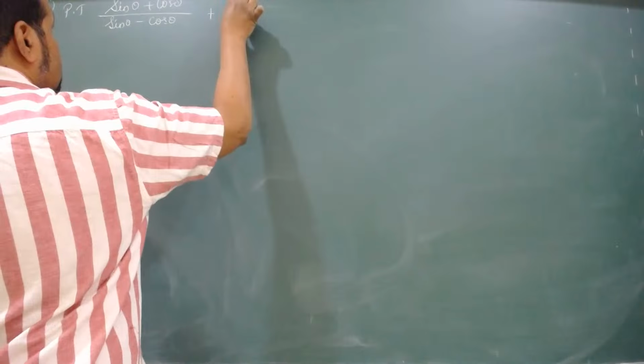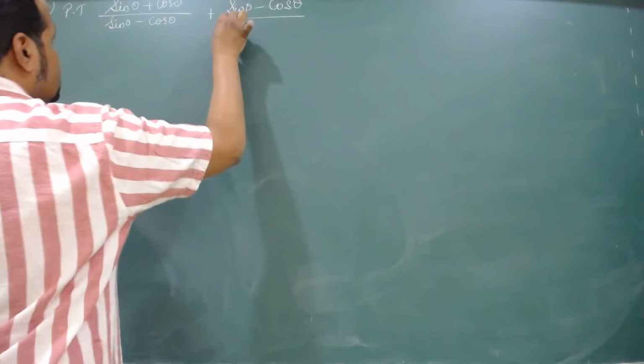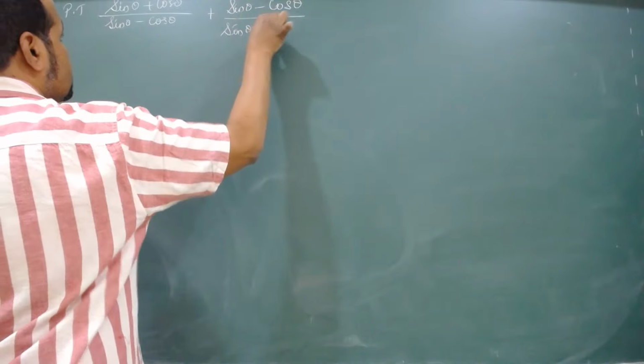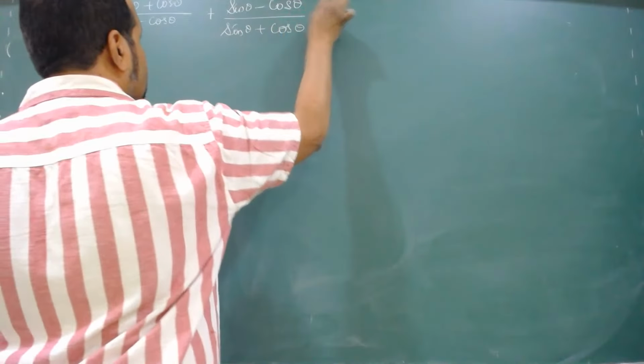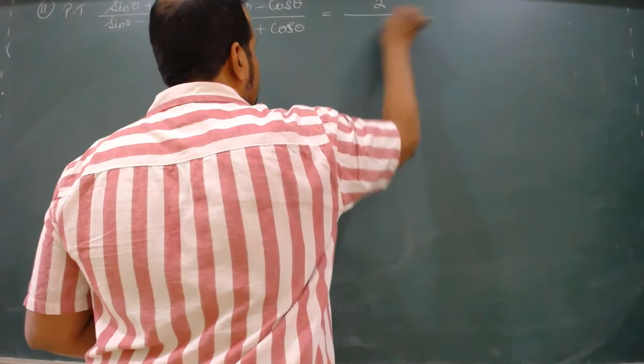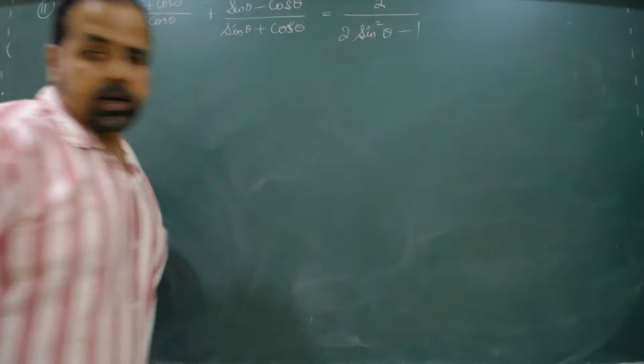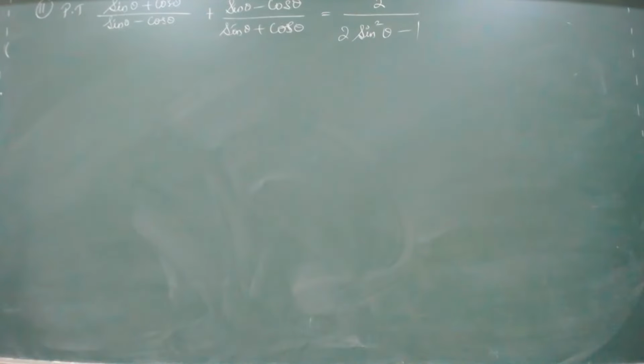Sin theta plus cos theta divided by sin theta minus cos theta plus sin theta minus cos theta divided by sin theta plus cos theta is equal to 2 divided by 2 sin square theta minus 1.